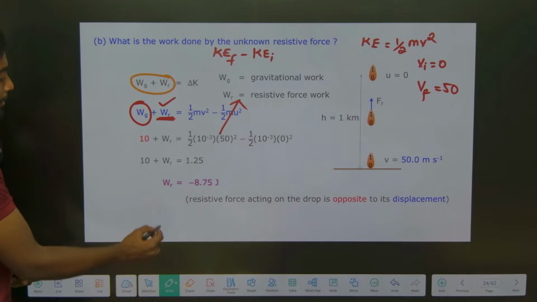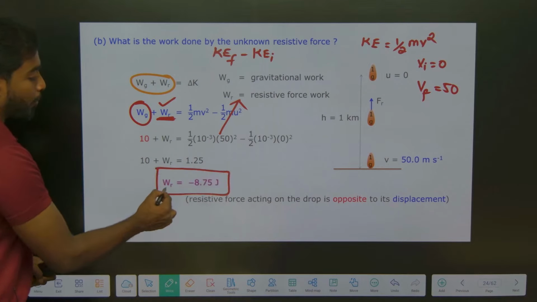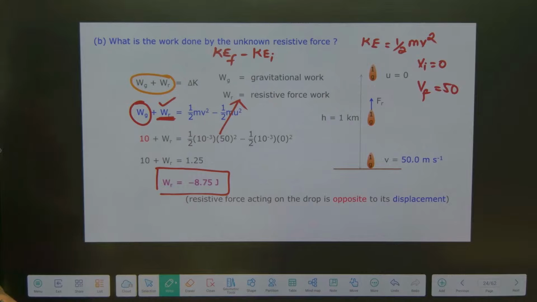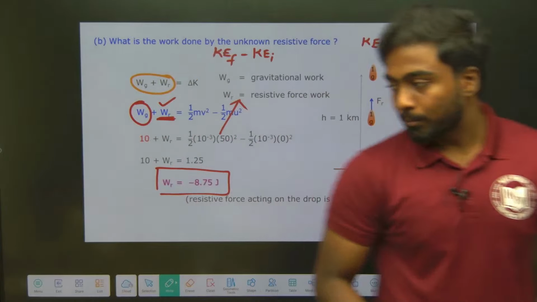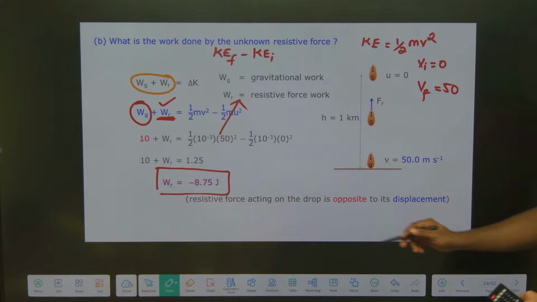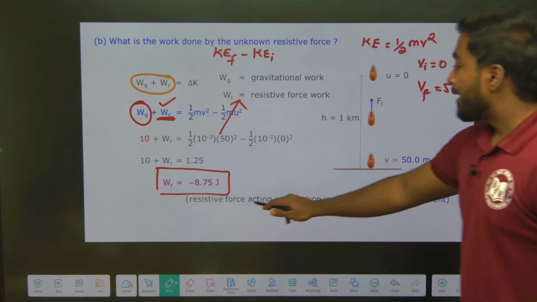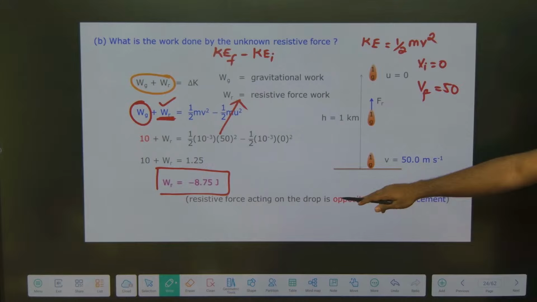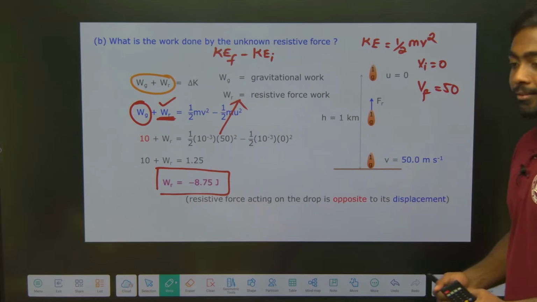We'll get the answer as minus 8.75 joules. Why is it negative? Because the resistive force acts on the drop opposite to its displacement.